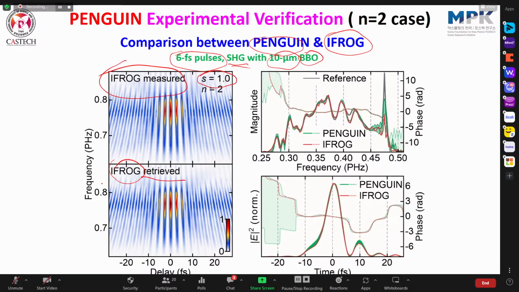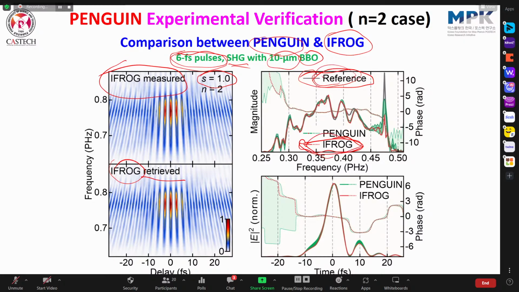Then the program automatically gives you the spectrum. The IFROG measurement is the red one, and the reference is the spectrum of the 6 femtosecond pulse measured with an intensity calibrated spectrometer. So we have a good agreement between the reference and FROG.